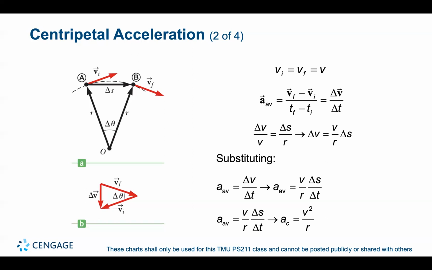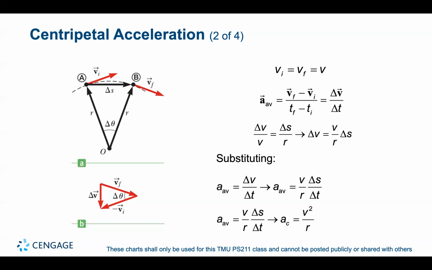The triangle in the figure, which has sides delta s and r, is similar to the one formed by the vectors in the figure. So the ratios of their sides are equal. Substituting, we get the expression shown.